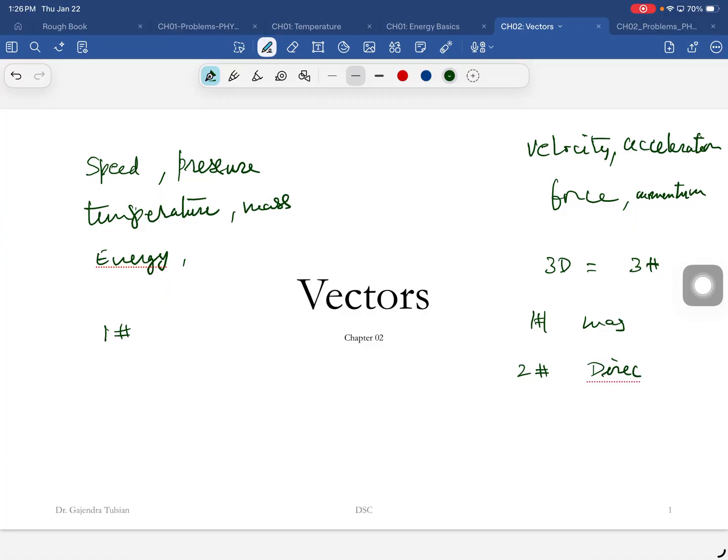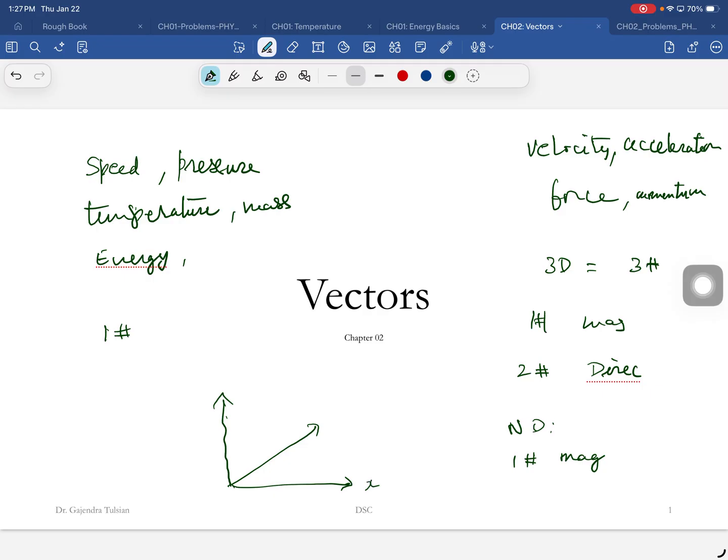Again, here's a vector. The length represents the magnitude of the vector. If this was 50 miles an hour, what would 100 miles an hour in that direction be? Twice as long. You know that intuitively. And 50 miles an hour in the opposite direction? Exactly. So you know what that means.